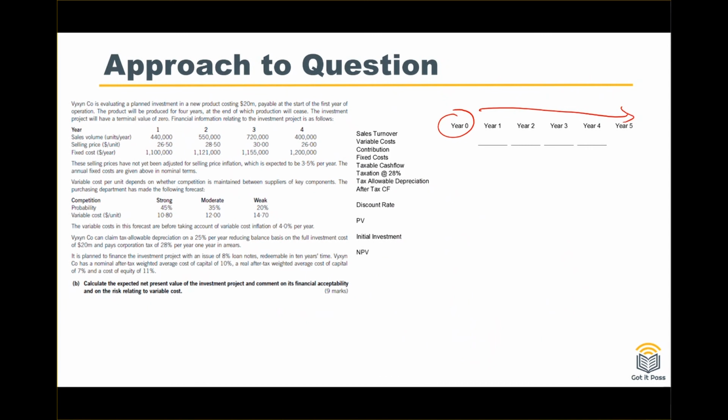Here maybe year 4, year 5, it depends. The project lasts for 4 years, right? But why did I put 5 years? Okay, because of the tax cash flow. I will share with you later on this part.